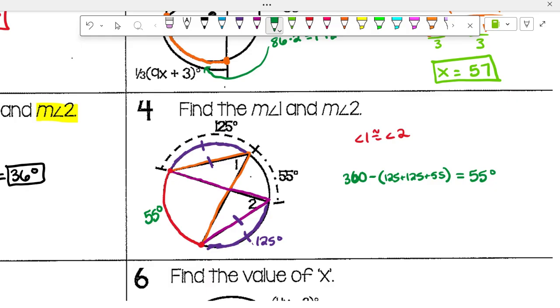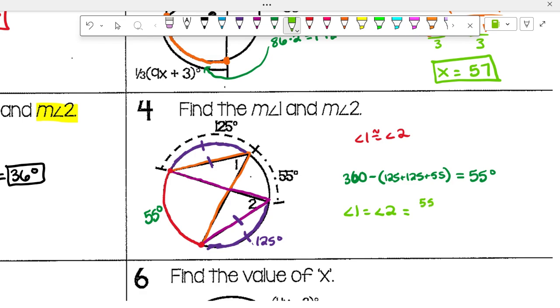So, how do I find angles 1 and 2? We know they're equal to each other, but how do I use that little tidbit of information to find it? You divide by 2.